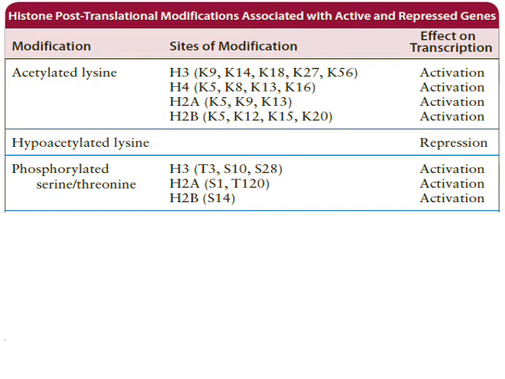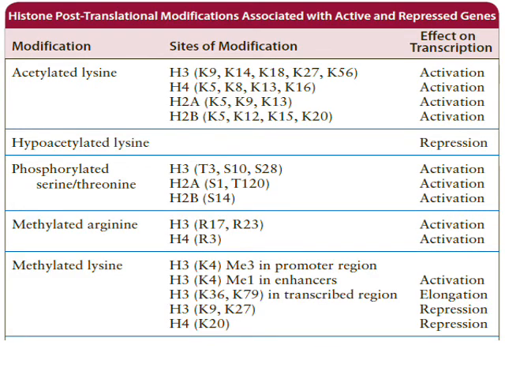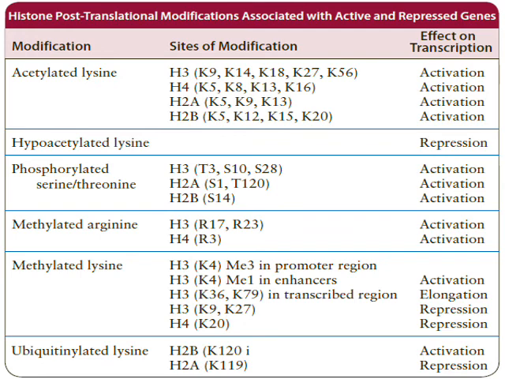Phosphorylated serine or threonine at this position leads to activation of transcription, and methylated arginine at this position leads to activation. There is also methylated lysine at different positions. Some of them will lead to activation, others to elongation, others to repression. Ubiquitinated lysine as well: one of them will lead to activation, another to repression.